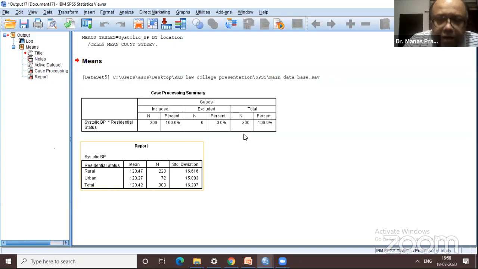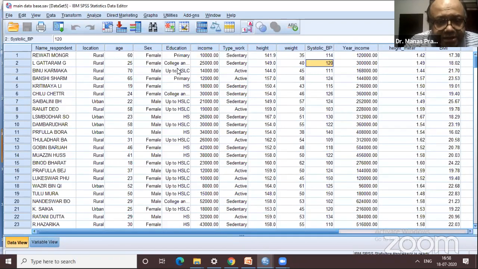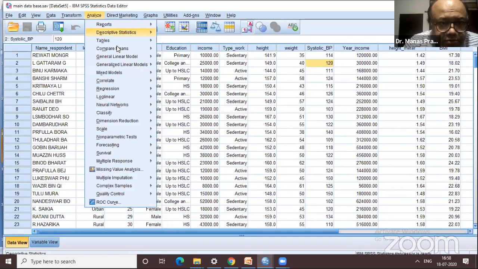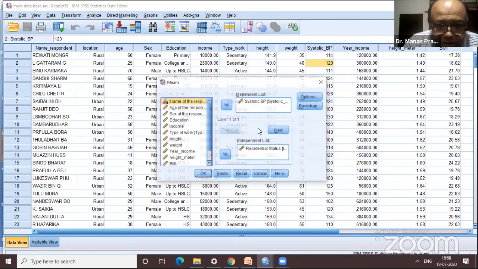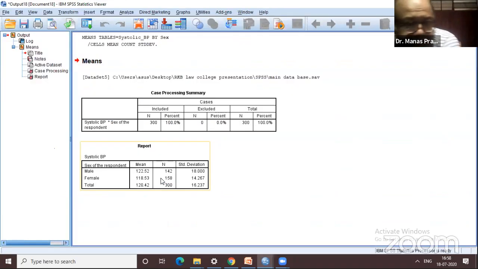Okay, now I want to do it for male and female. So go to compare means, independent sample t-test, then systolic blood pressure. Sorry. First of all, let us do compare means. Systolic blood pressure, then sex. Okay, so you see, mean systolic blood pressure for male is 122.52.